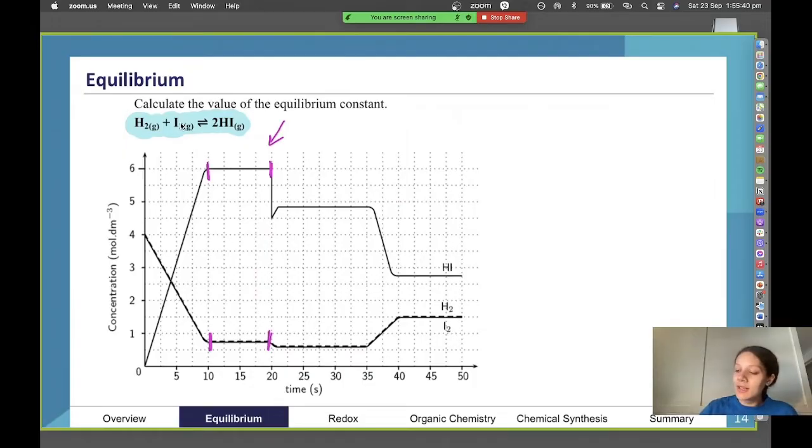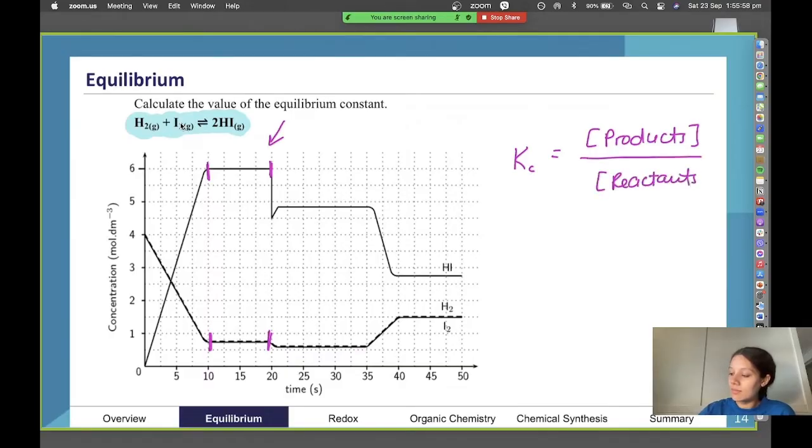All right, I'm going to start writing out the equilibrium constant. First we'll start off with writing just the equilibrium expression. For our equilibrium here, we basically have our products over our reactants.